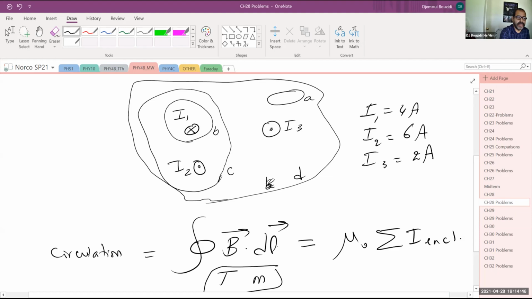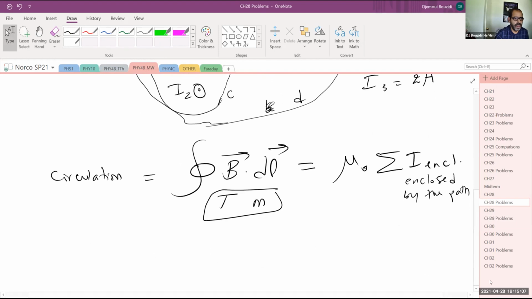Ampere's law says that this circulation along any path you wish is mu naught times the sum of the currents enclosed by the path.